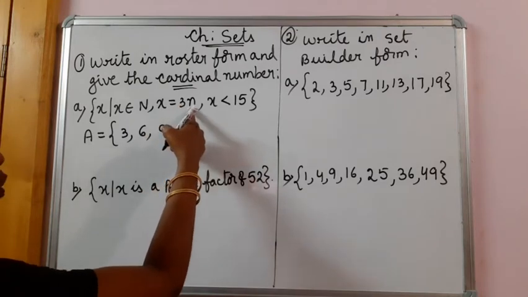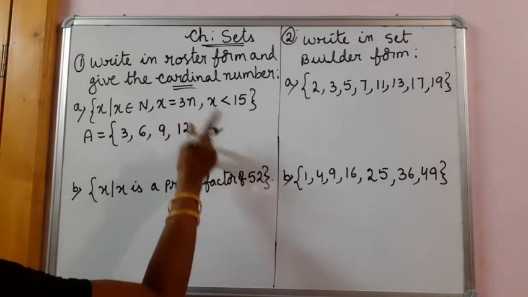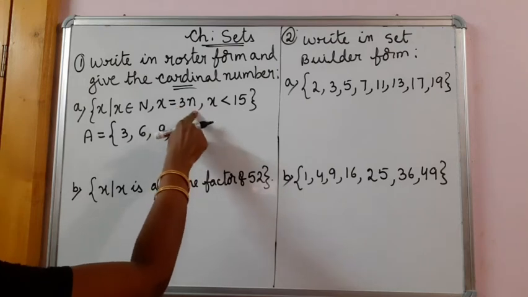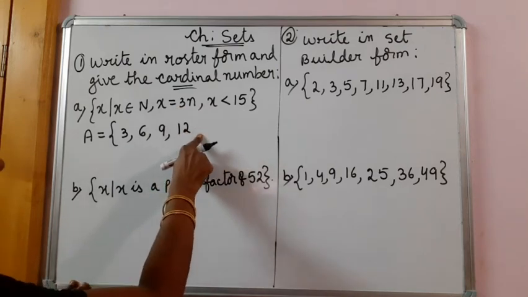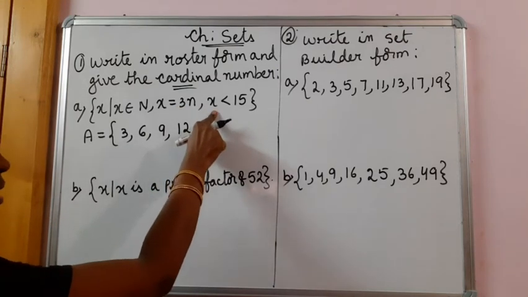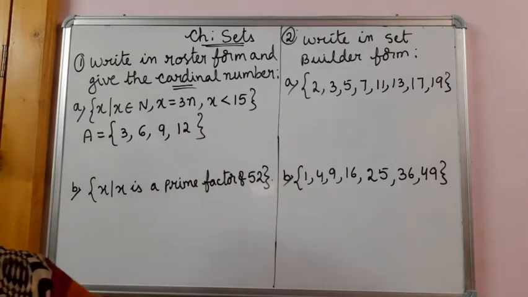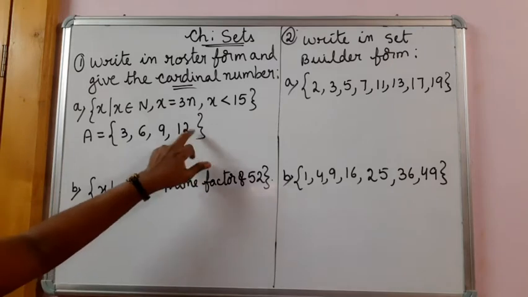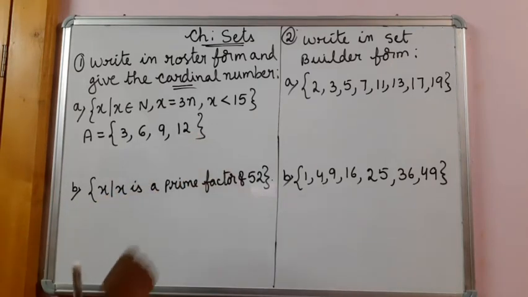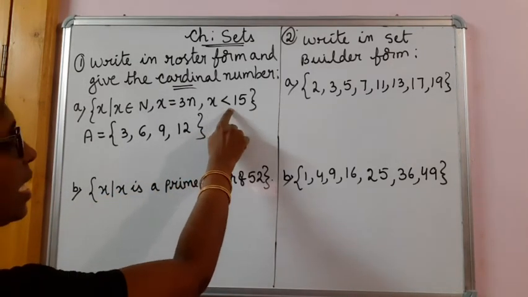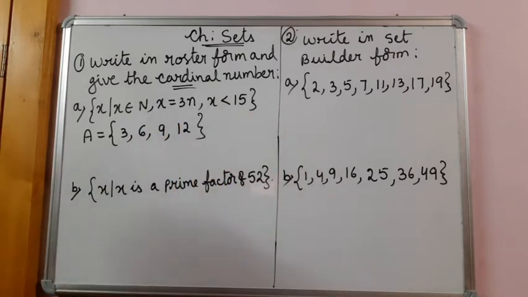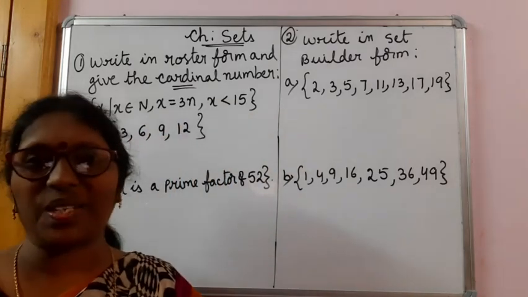If n is 4, 3 4s are 12. If n is 5, 3 5s are 15. But we cannot write 15 because here x is less than 15 is given. Suppose it is given x is less than or equal to 15, then 15 will be included.